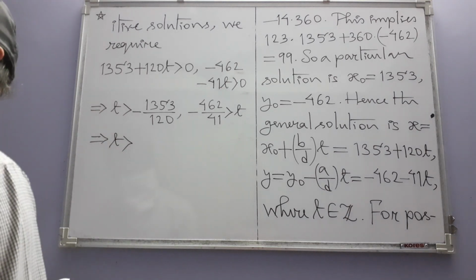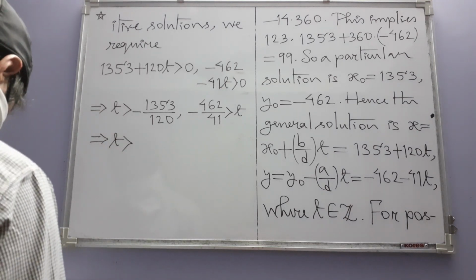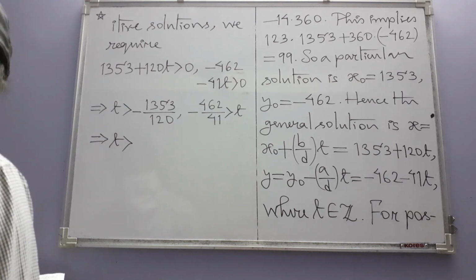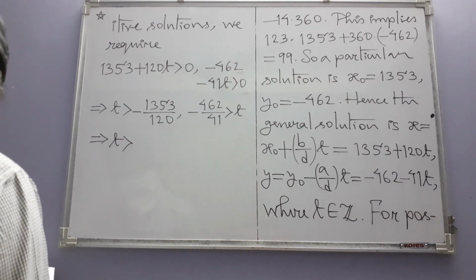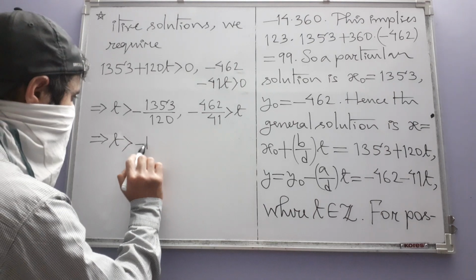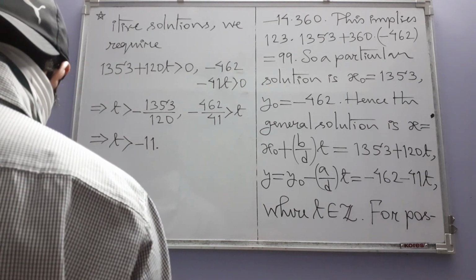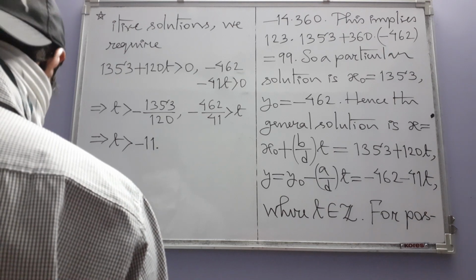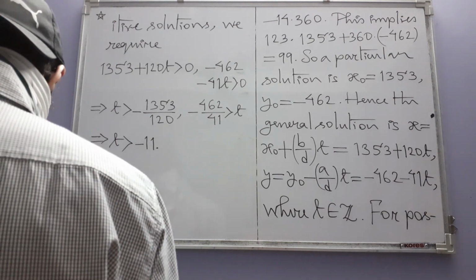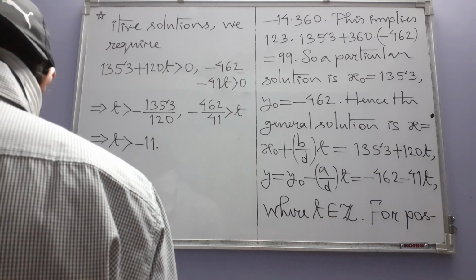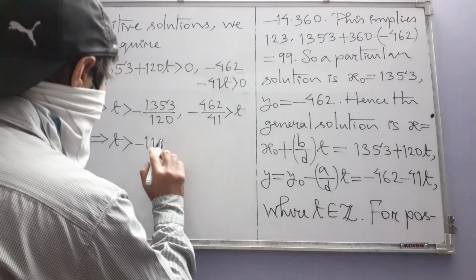So here the decimal values are approximately minus 11.275, although it does not matter what comes after the decimal point, but still.